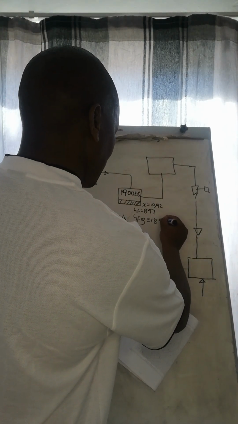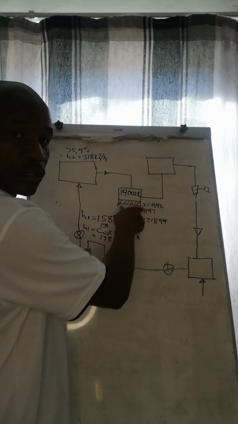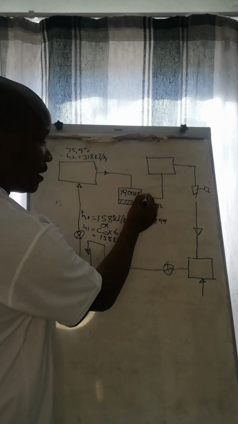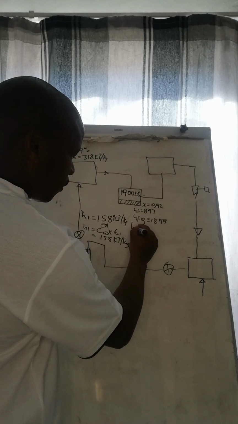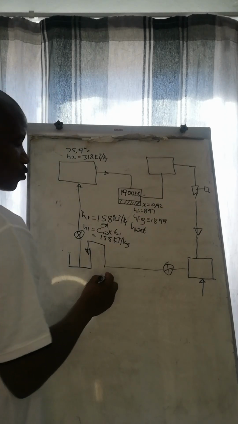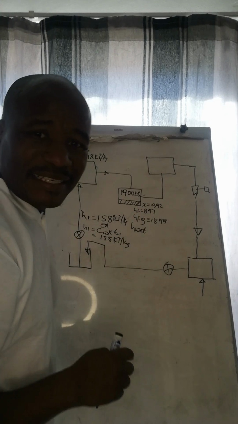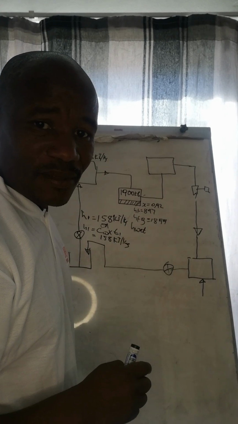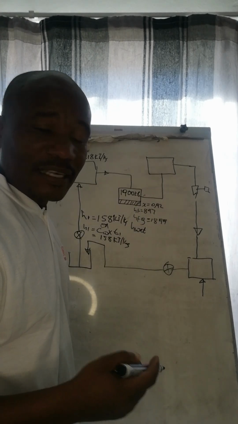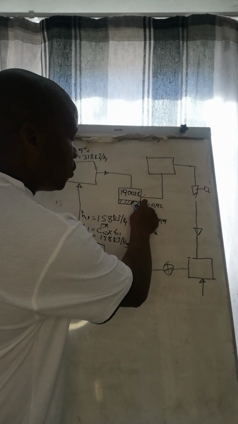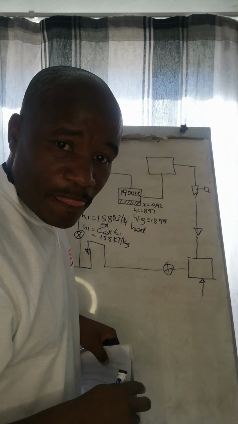You can calculate the enthalpy of wet steam there at the outlet. Why wet steam? Because you are given a dryness fraction. If the dryness fraction is 0 point something, then you're going to have a wet steam.